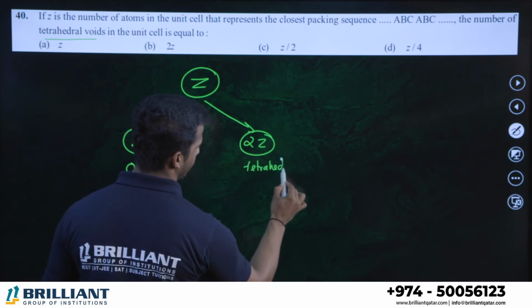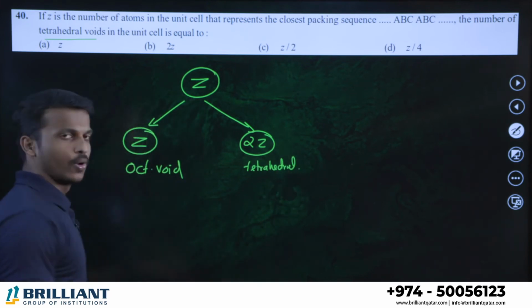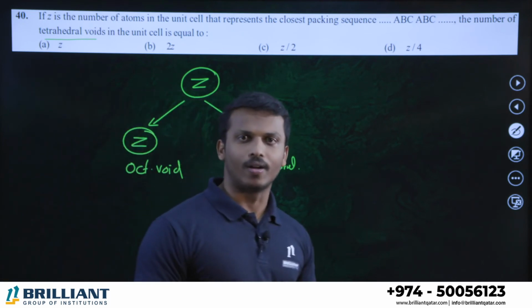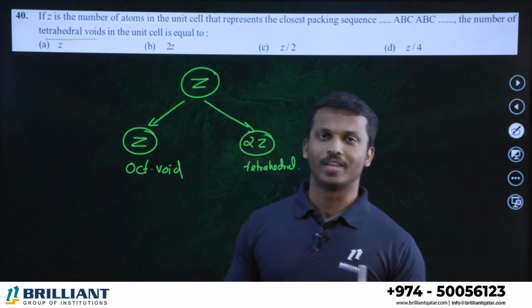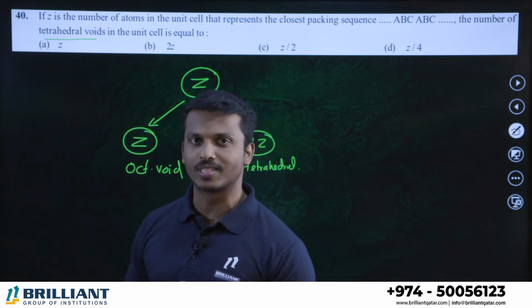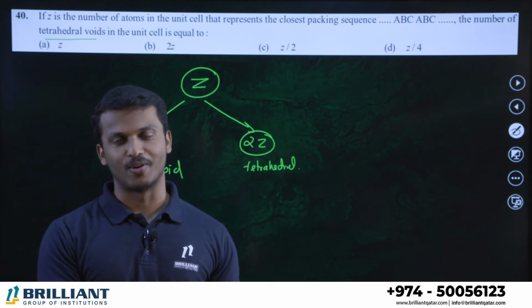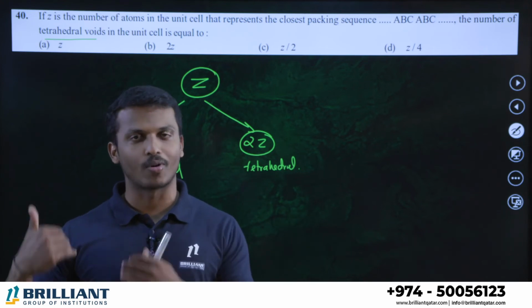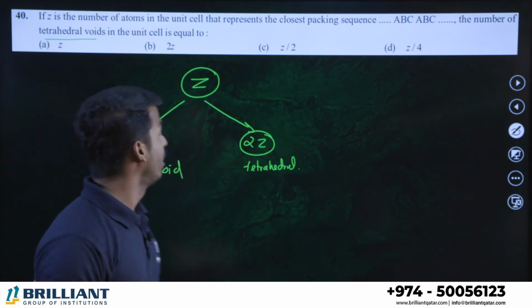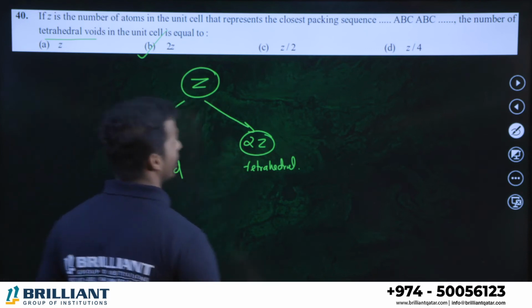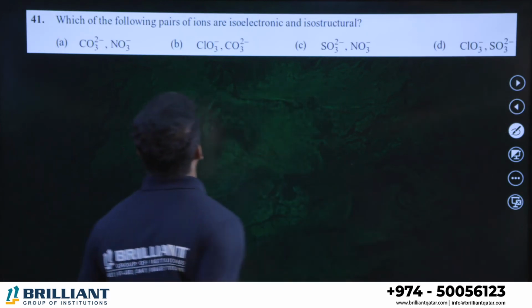Tetrahedral voids. Yes or no? If there are N number of spheres in the unit cell, there will be N number of octahedral voids and double that number of tetrahedral voids. Here it is Z, therefore Z number of octahedral, 2Z number of tetrahedral. So 2Z will be the answer. Solid state chapter. Next one.